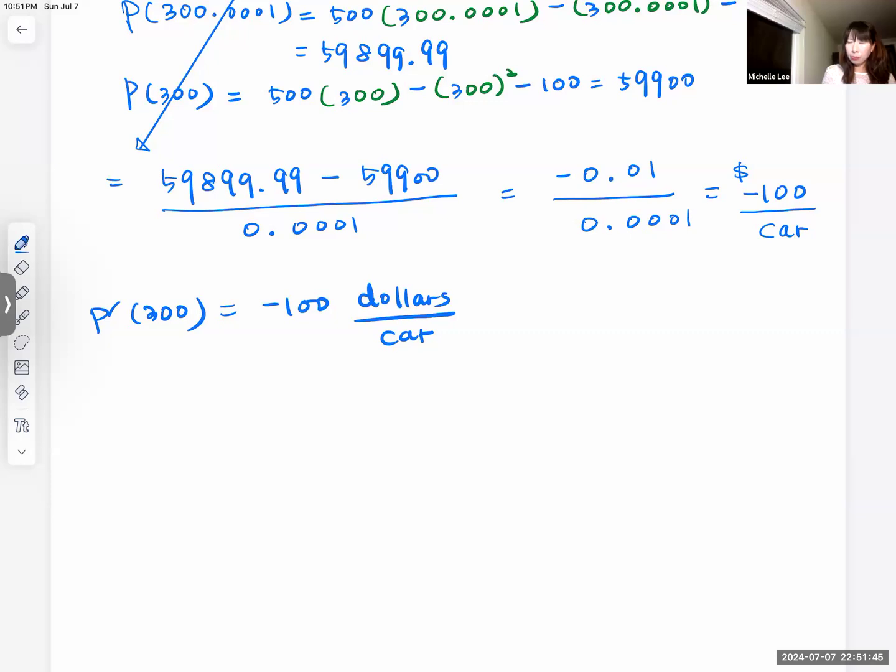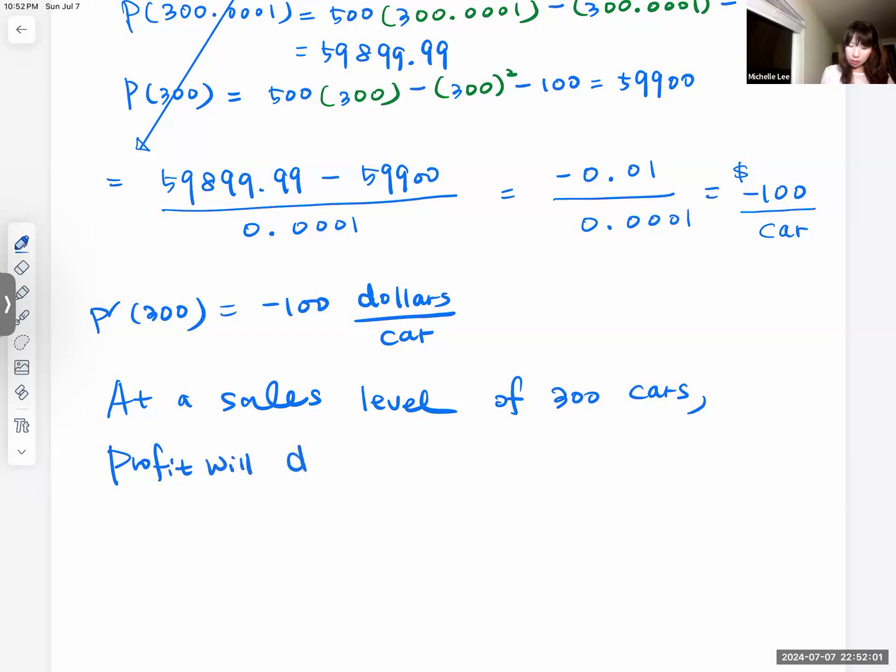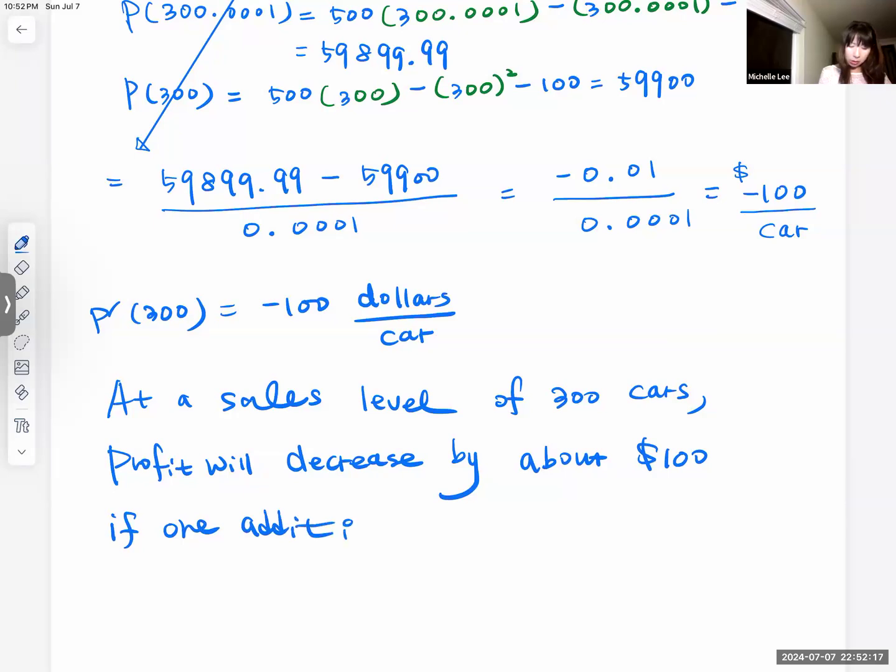Okay, so at a sales level of 300 cars, profit will decrease by about $100 if one additional car is sold.